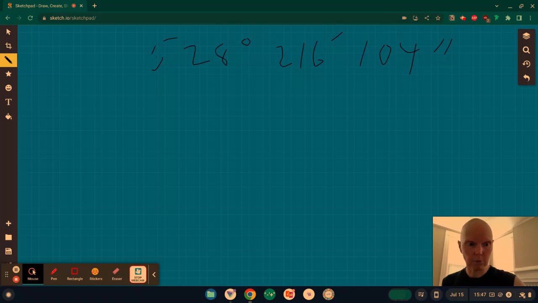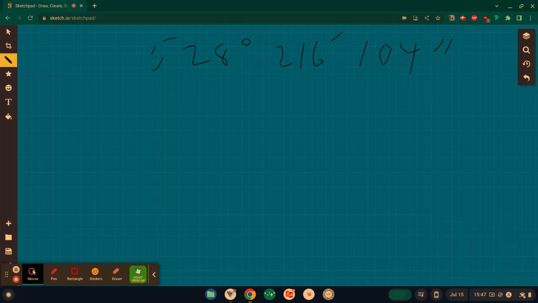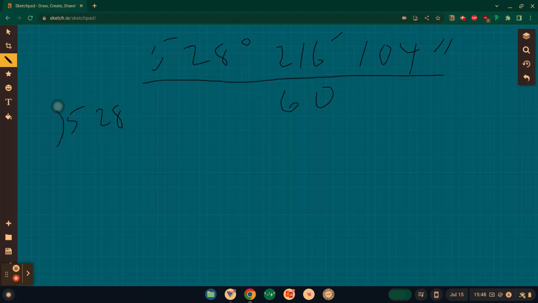I'm going to get rid of my webcam. And then we're going to divide this by 60. We can take 528 and divide that by 60. 60 goes into 528 eight times: 8 times 0 is 0, 8 times 6 is 48.